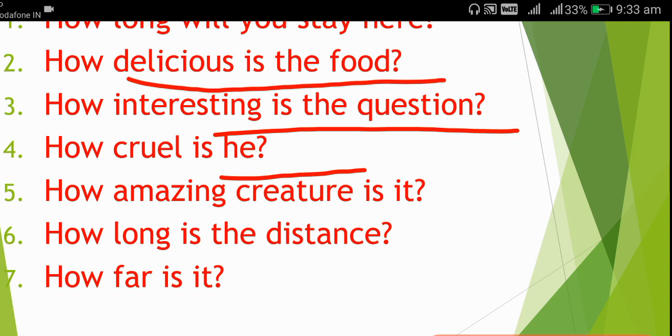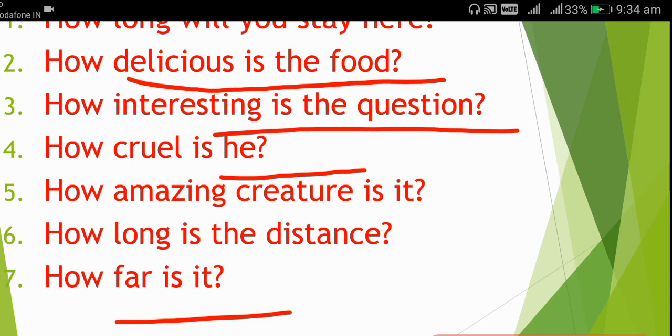How long is the distance? ये दूरी कितनी है, ये दूरी कितनी लंबी है. You use how long is the distance. How far is it? ये कितनी दूरी पर है.